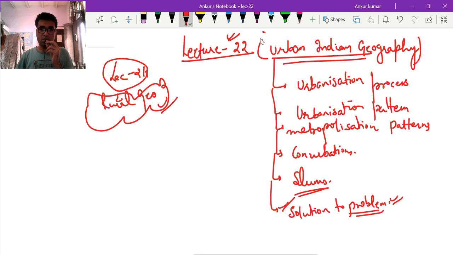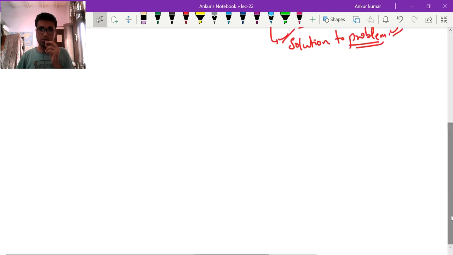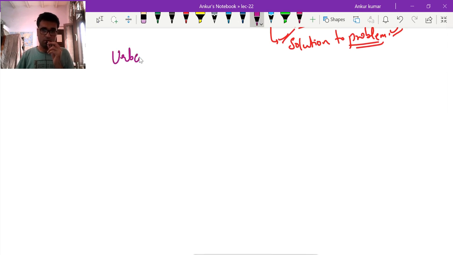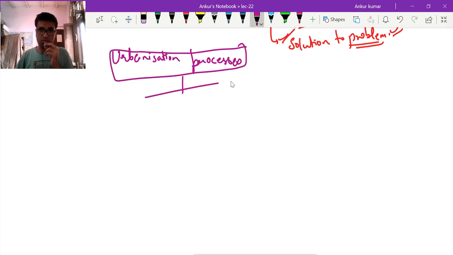So urbanization is again a big topic. Let us start with the first part, the urbanization processes. We will be dividing urbanization processes into three parts. The first part is the social process.